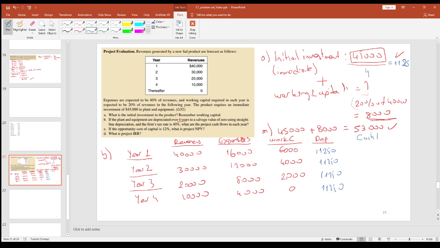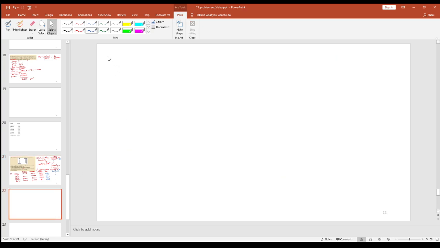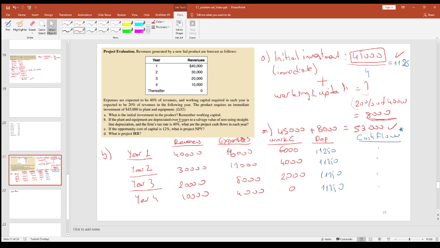Let's calculate the cash flow for each year. I need to calculate cash flow. You need to also consider the income statement.